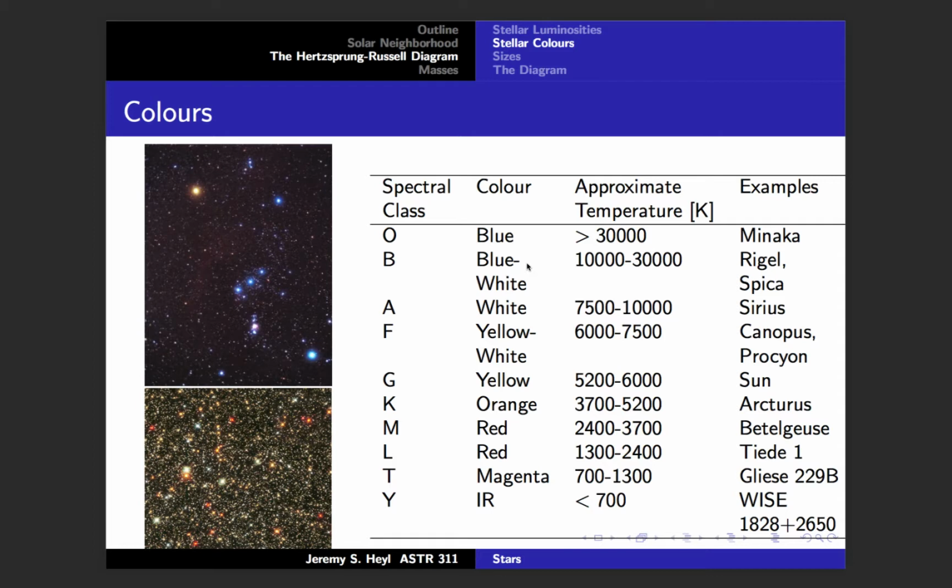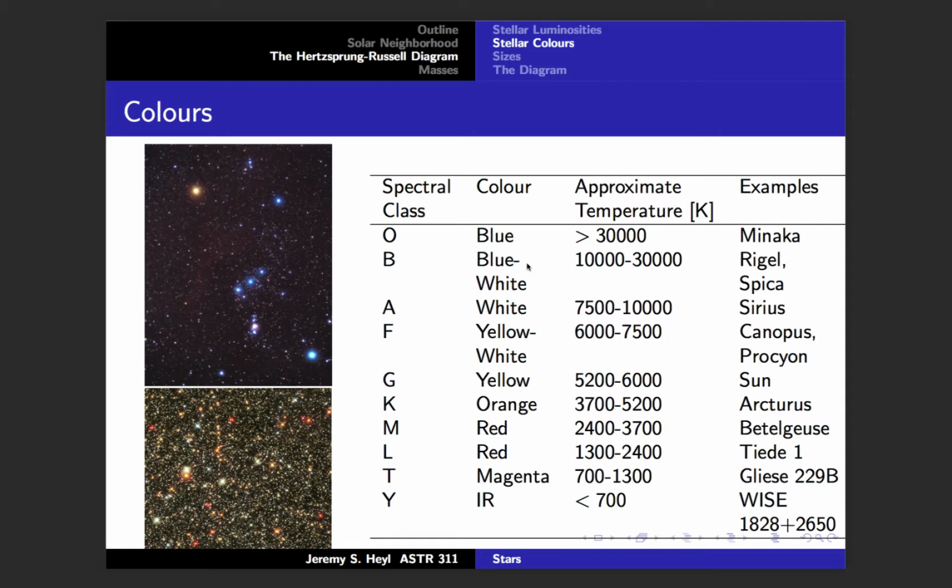So there are a bunch of examples of stars. A blue star, we have there Menkalinan, which is one of the stars of the Big Dipper. So the stars of the Big Dipper are all actually together. They were all born together, and they're what's called an OB association, which has nothing to do with obstetricians. It means that we have O stars and B stars that are all relatively young, we'll learn, and they were all born together.